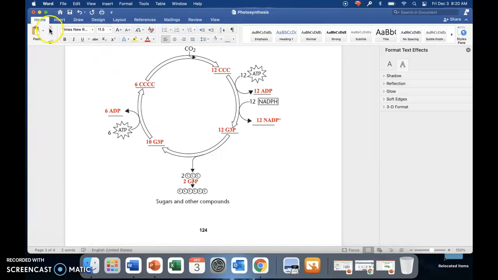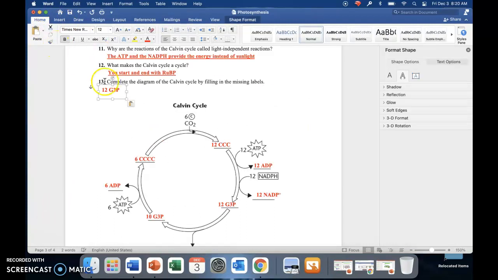So again, I just want to reiterate here. Okay, so we're going from here to here. Again, this is a process called carbon fixation. So these are the steps that I gave you.